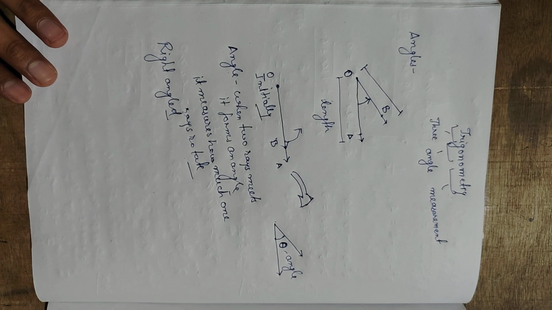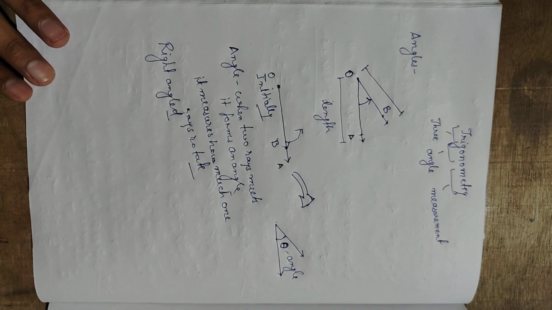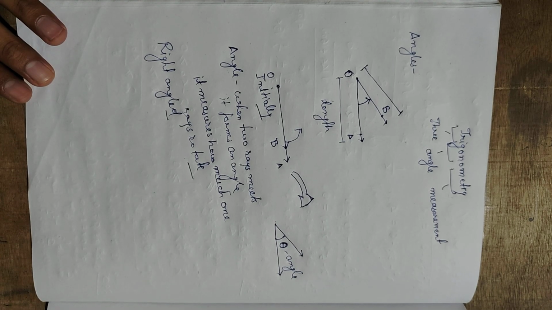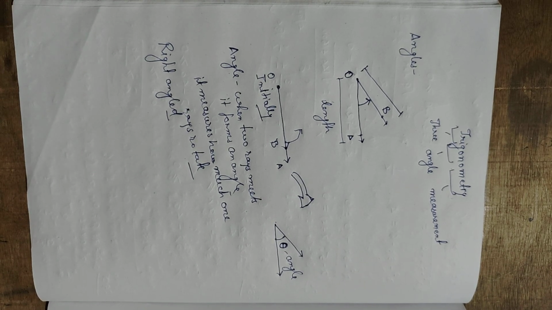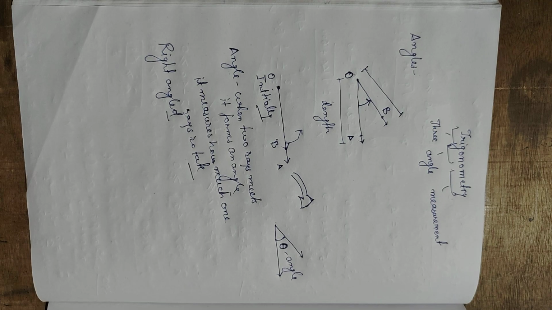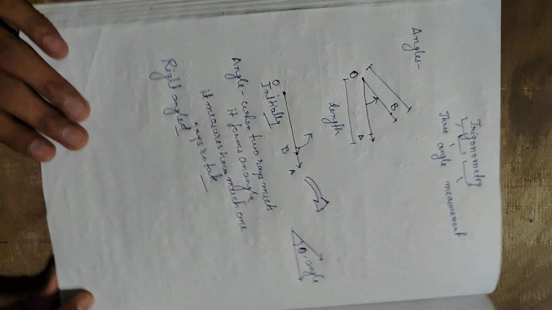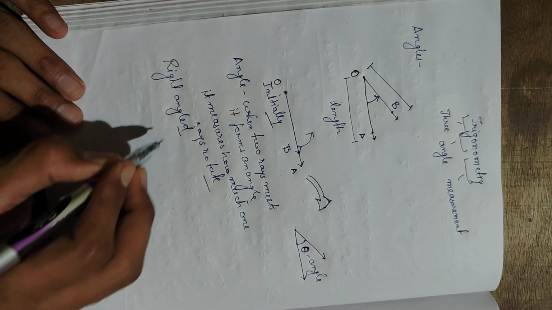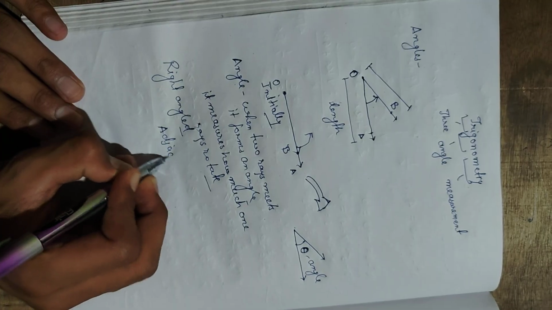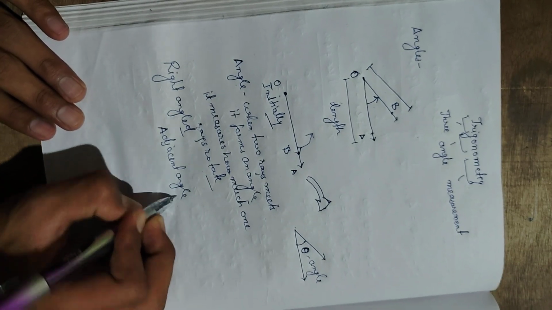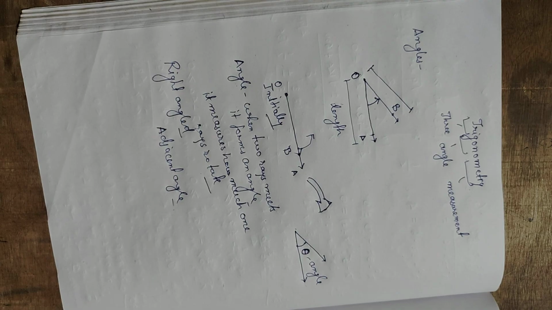The word adjacent simply means that both share the same base. So first understand what an adjacent angle is and how it is defined in Euclidean geometry.